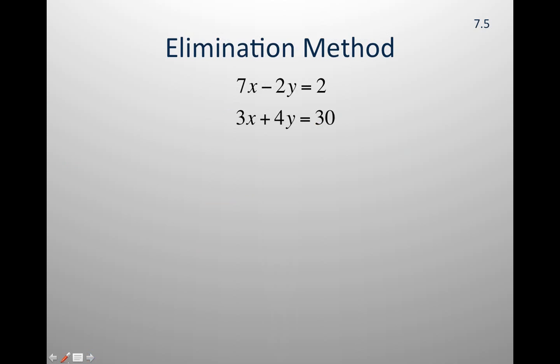Here's another example. Okay, here we're going to multiply the entire top by 2. And the reason why is so we can get a negative 4y. And so when we multiply by 2, this is what we'll come up with: 14x minus 4y equals 4.